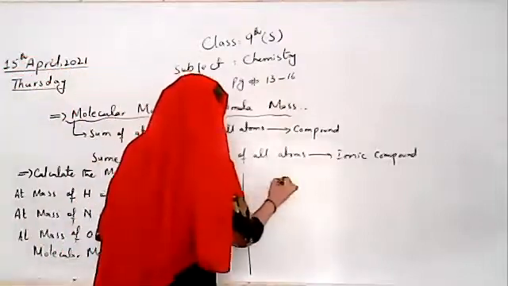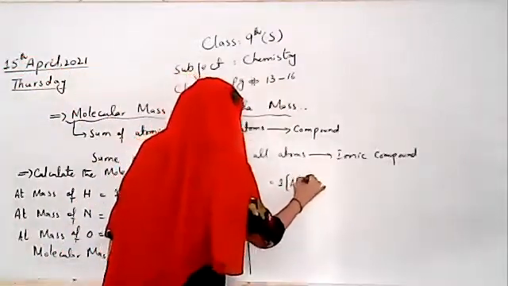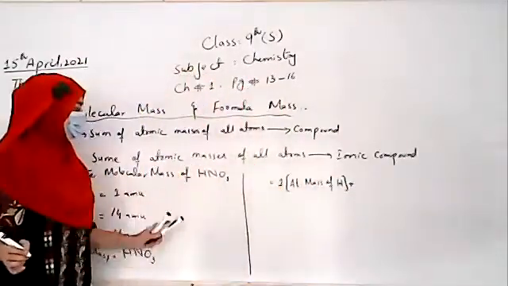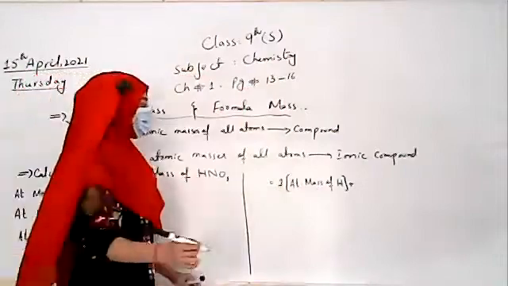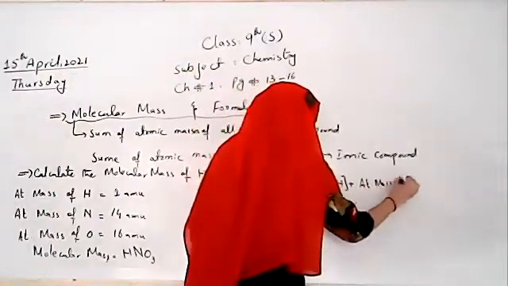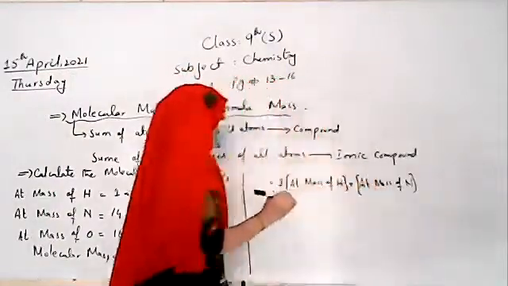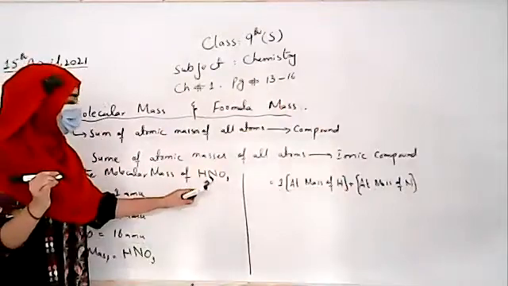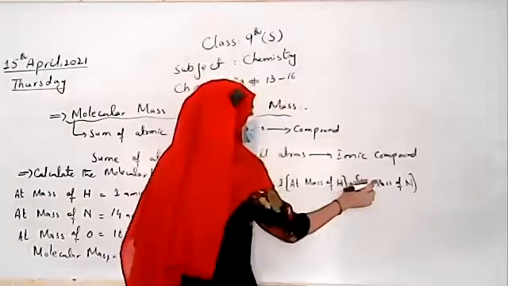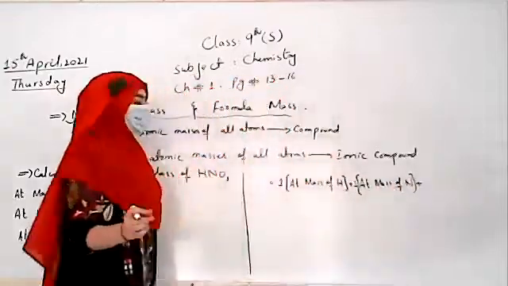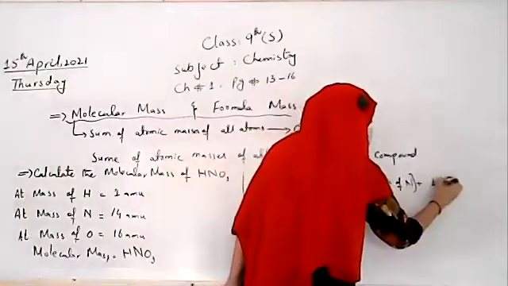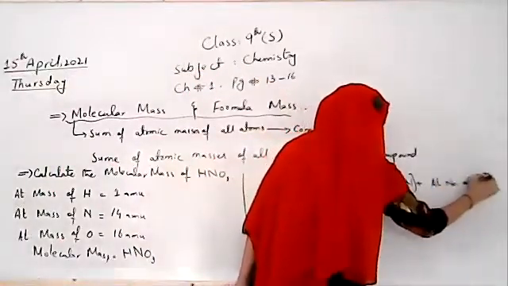1 is the atomic mass of hydrogen, plus the next atom, nitrogen, atomic mass of nitrogen. Write the number of nitrogen atoms, that is 1, so we put 1. Plus the next is oxygen.